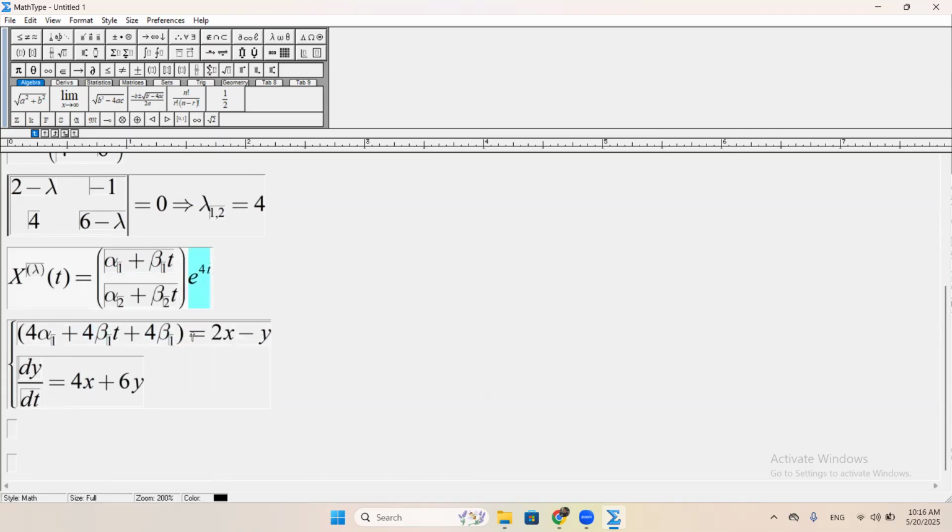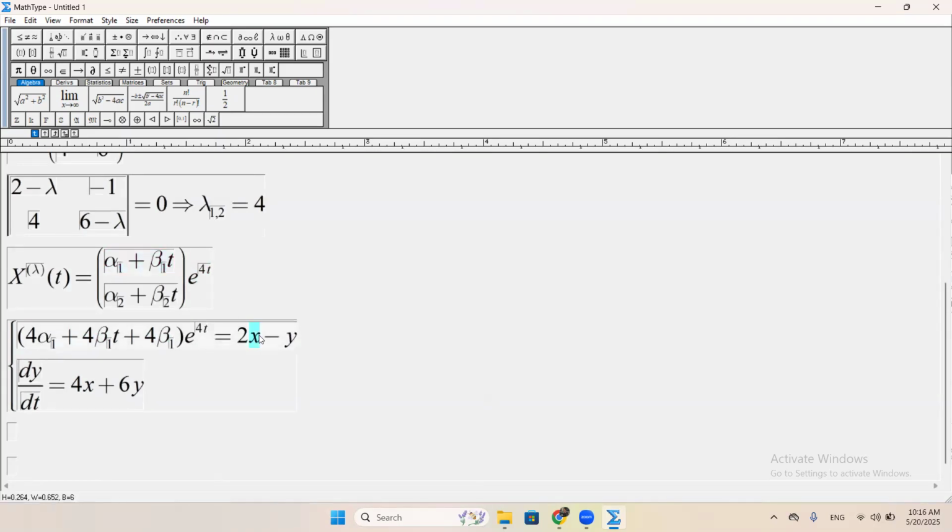So differentiating this product, and 2x minus y, substituting these expressions, multiplied by e to the power of 4t.